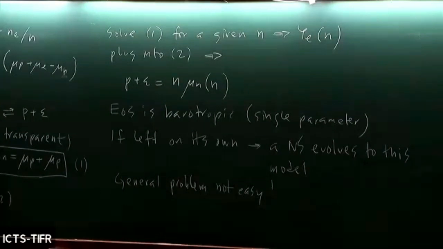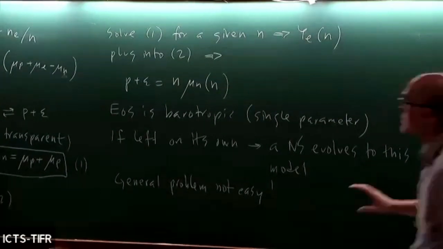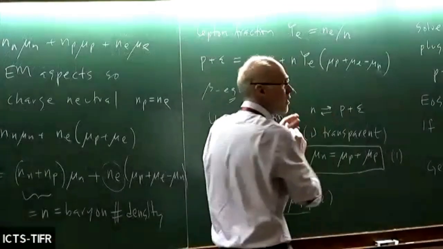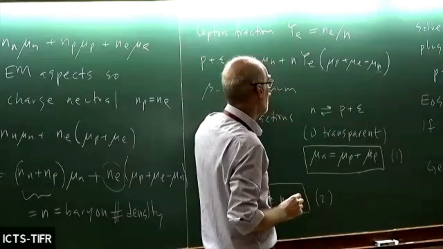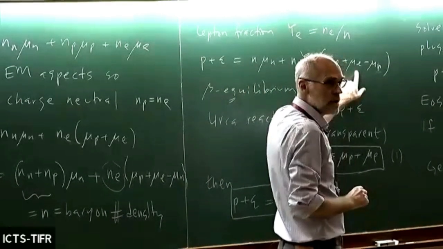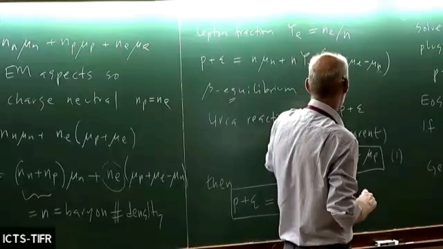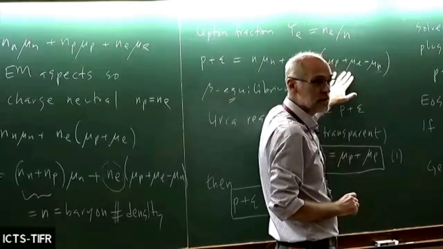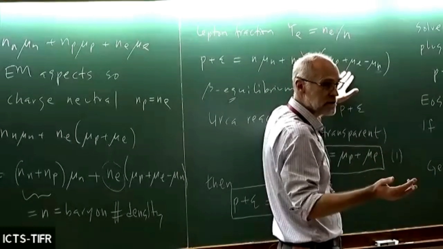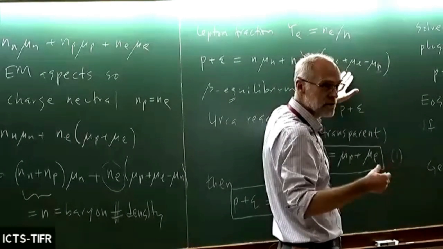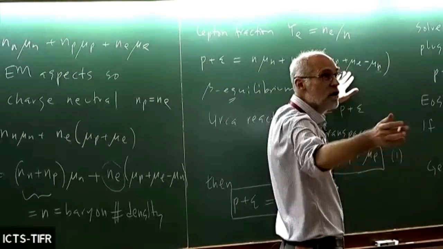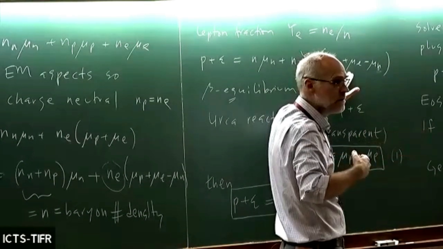Well, it's hard because up here, up to here, I only made the charge neutral assumption, right? If I want to get rid of this, I need to know how these reactions enter into the calculation. I need to account for the rate of the nuclear reactions. How fast or slow are they, right? And that's hard because that's a hard problem in nuclear physics.